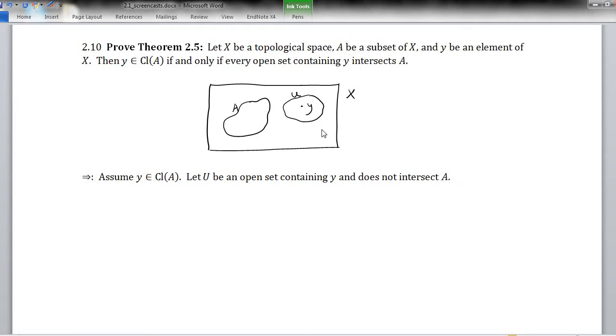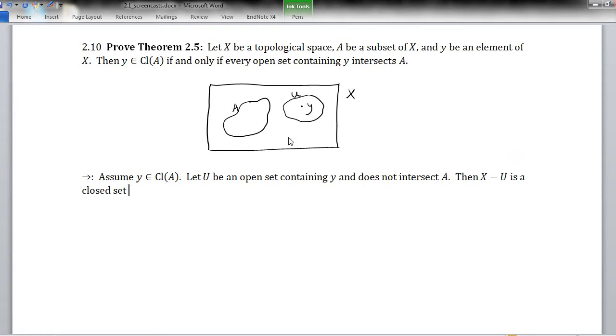All right, well, U is an open set. We know something about a closure, which has to do with closed sets. So maybe we should look at the complement of U and see what we can find out about that. All right, so then X minus U, well, it's the complement of an open set, so it's a closed set.